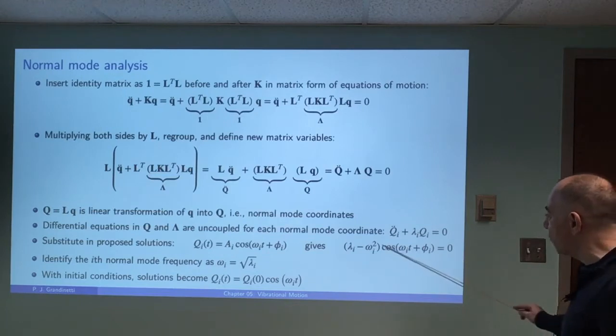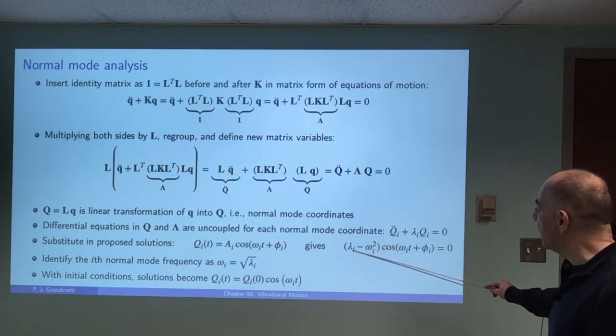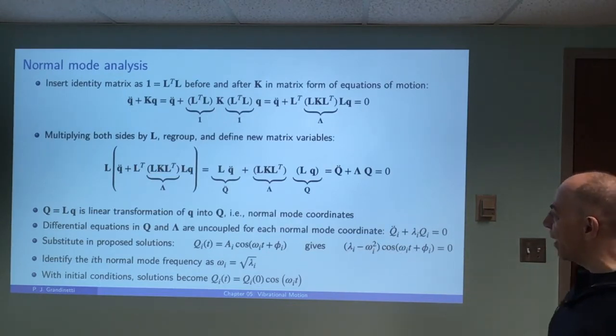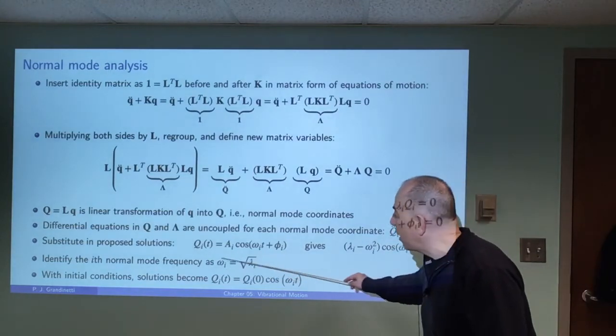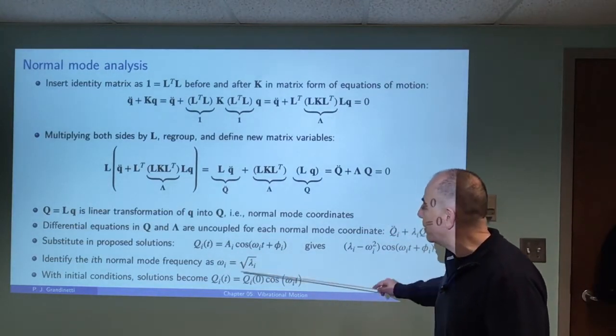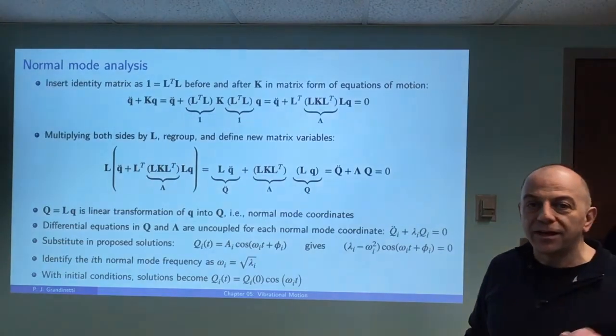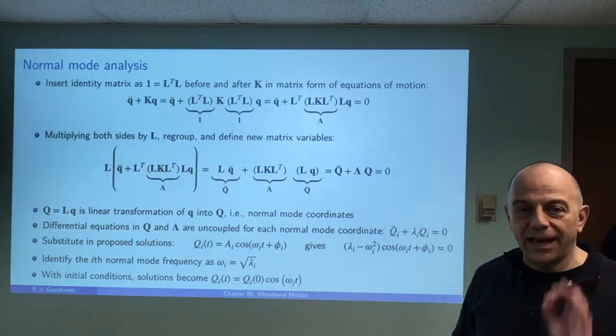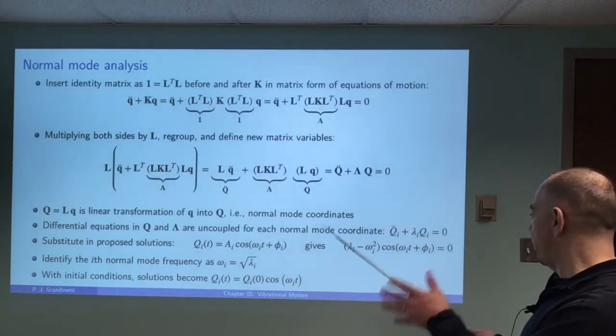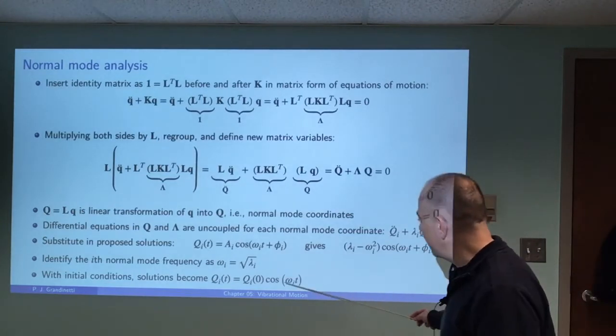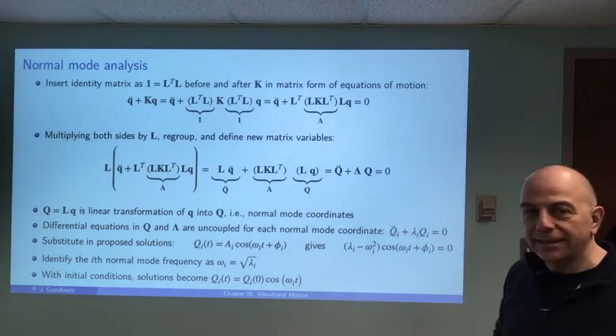We make it true for all values by setting lambda equal to omega squared, which means that our normal mode oscillation frequencies will be the square root of the eigenvalues of the K matrix. Put in your initial conditions, and then you have the whole thing written like this.